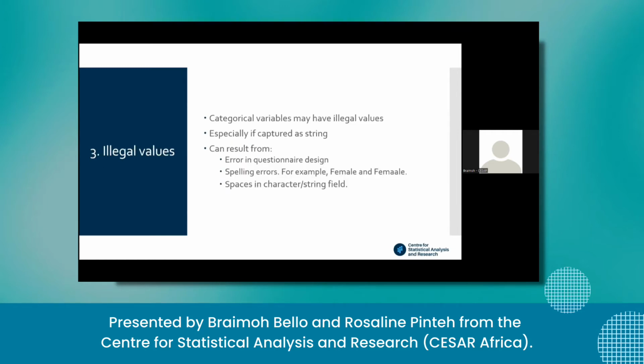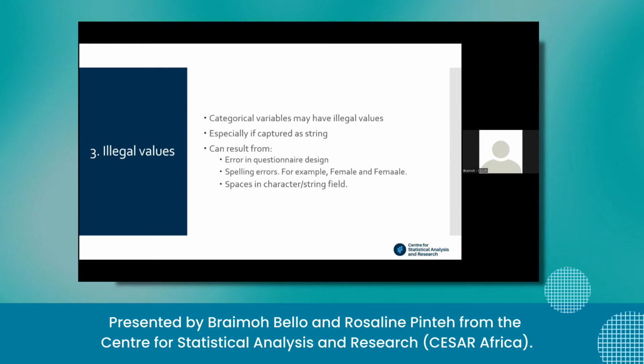Now, we've talked about numerical variables, but we can also have errors in categorical variables. These errors are called illegal values. Many years ago, when I started my career in database development, we used to use EpiInfo, EpiData, and some of those software for creating databases. And CDC was behind EpiInfo.